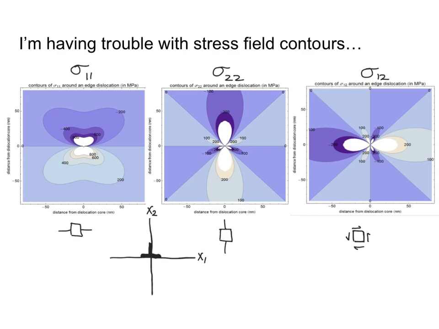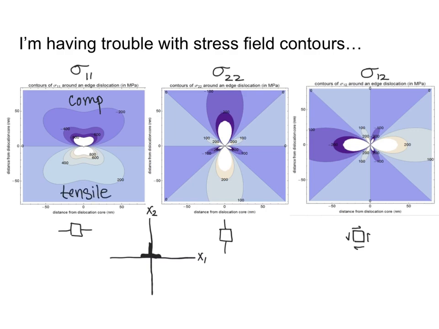So maybe the easiest one to understand is sigma 1, 1. Above the dislocation, it's going to be in compression because the atoms are jammed up by the presence of the extra half plane of atoms. And we see that here, although it's a little bit hard to read, these stress contour numbers are negative. And so all this is telling us is that we have compressive stress up here and tensile stress down here.